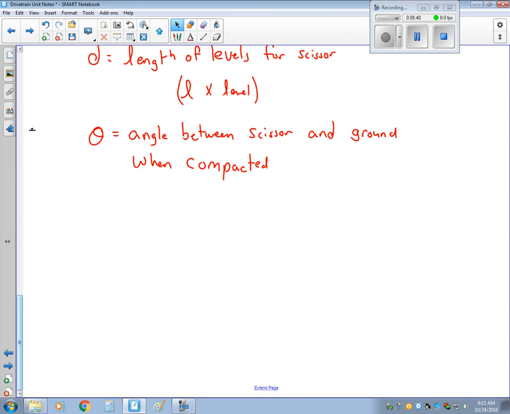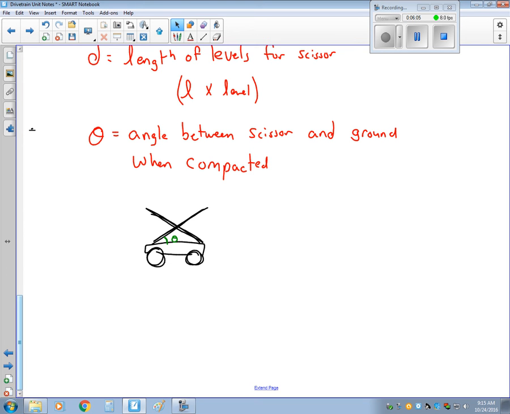So if I were to make a quick little sketch of this, so here's the drivetrain and the chassis for our robot. And then this is the first level of the scissor lift. This angle right here will be your theta.